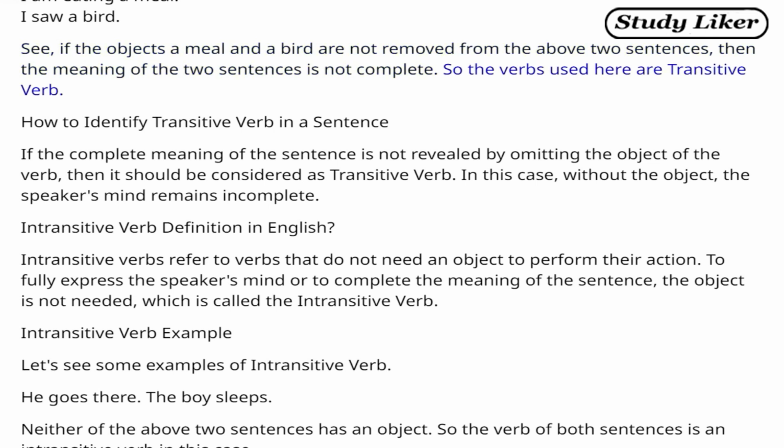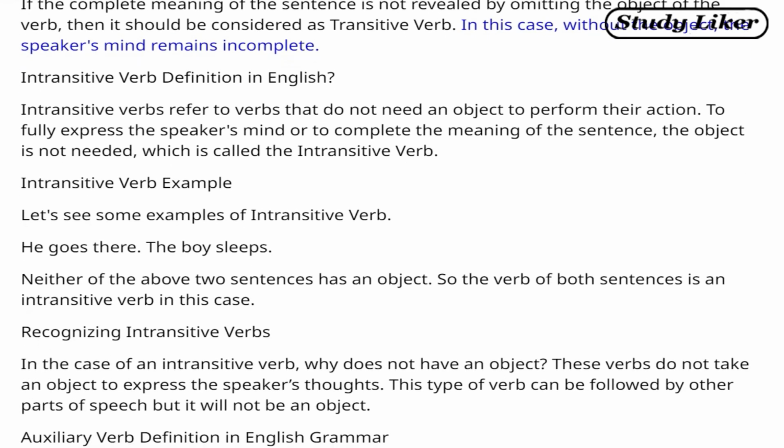So the verbs used here are transitive verb. How to identify transitive verb in a sentence? If the complete meaning of the sentence is not revealed by omitting the object of the verb, then it should be considered as transitive verb. In this case, without the object, the speaker's mind remains incomplete.